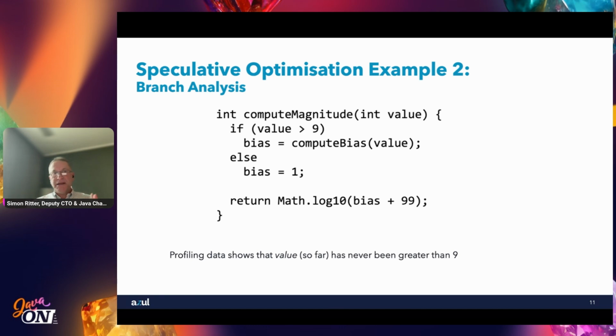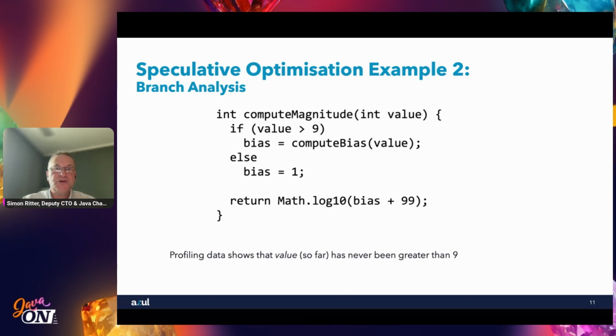But this speculative optimization can be a lot more complex. And so I've got an example here, which is what we call branch analysis. In this case, I've created a slightly convoluted, contrived example, but it's very good to show what we can potentially do in terms of speculative optimizations.